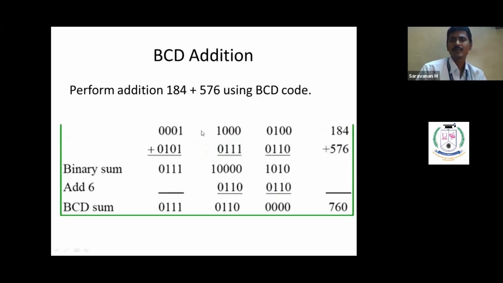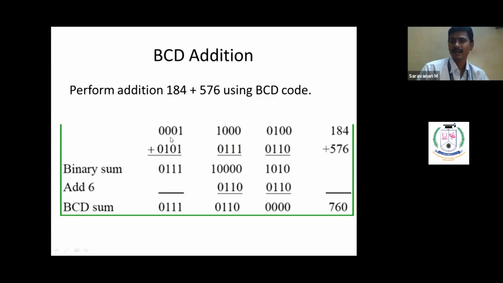Okay, then BCD addition. For the given number, convert it to its corresponding BCD number. So BCD is binary coded decimal. So here we should have only 0 to 9. We should not have more than 9 here. So this 184, you treat differently, separately: 1 separately, 8 separately, 4 separately.